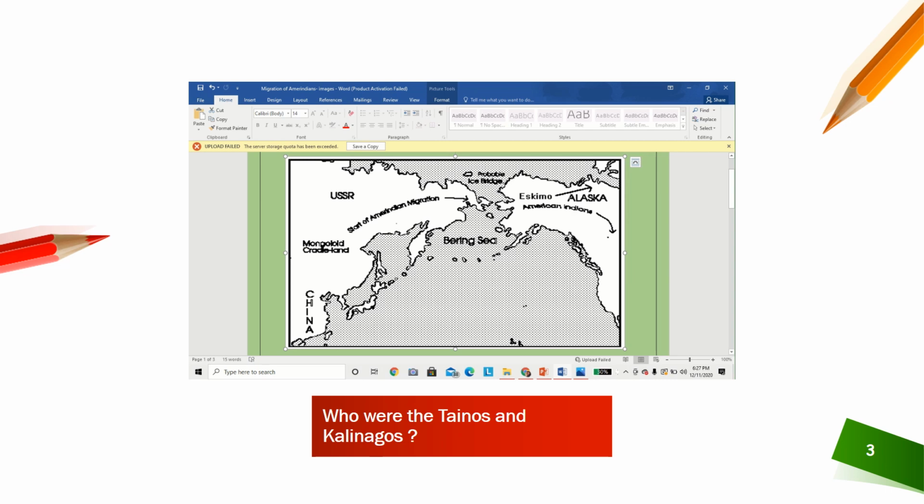Who were the Amerindians? Who were the Tainos and the Kalinagos? They were originally from Asia. They started their migration from Asia, crossing over the ice bridge into Alaska, and from there they continued their journey into the Americas.